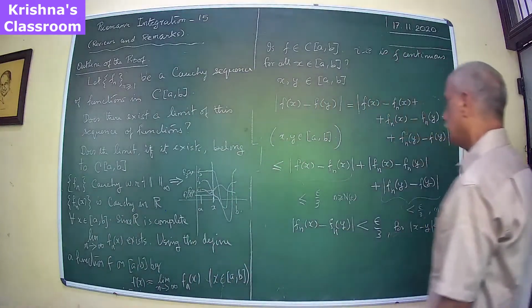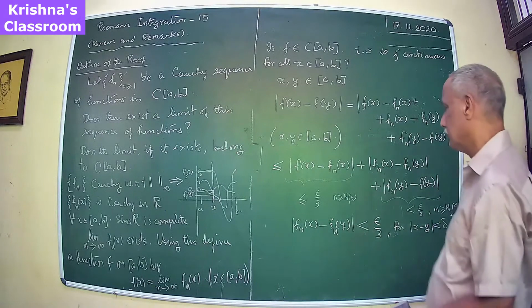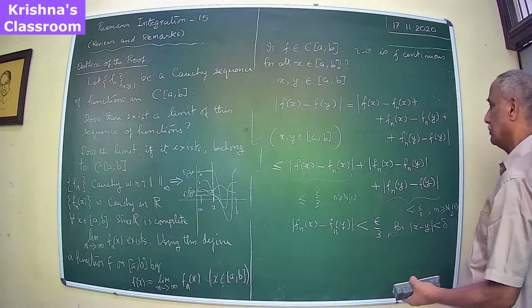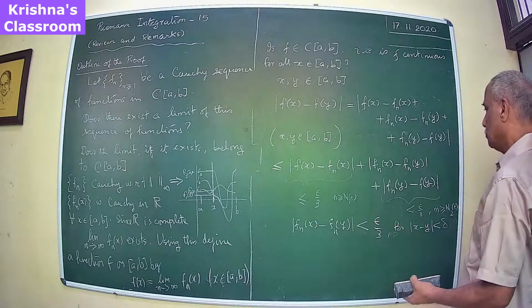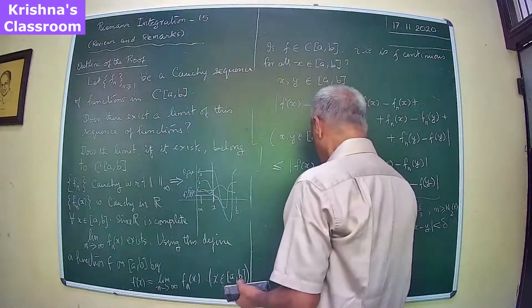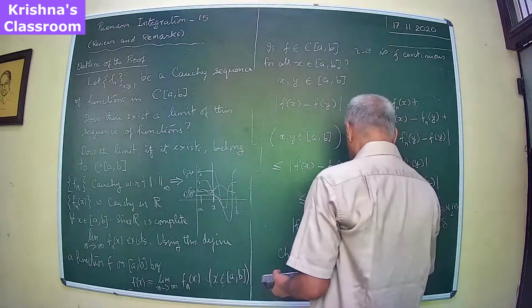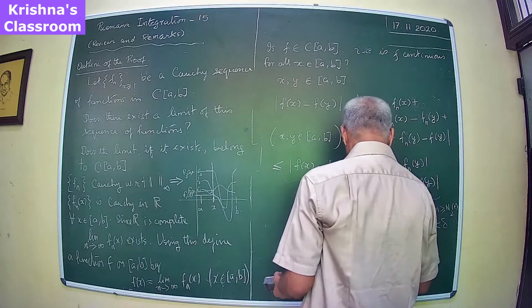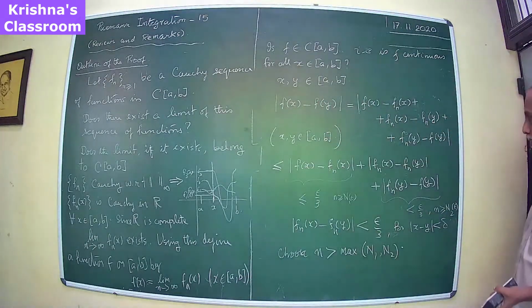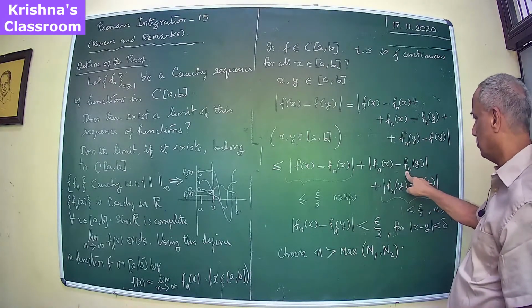Now what you have? Now you choose mod x minus y less than epsilon. So you see that you choose n, then fix that n for which this is true.